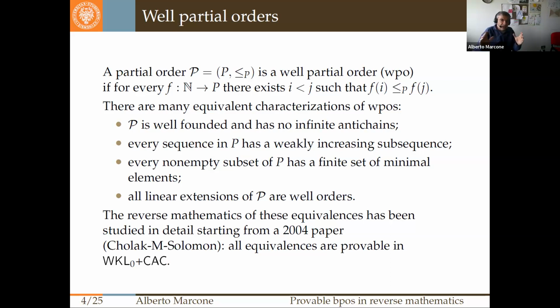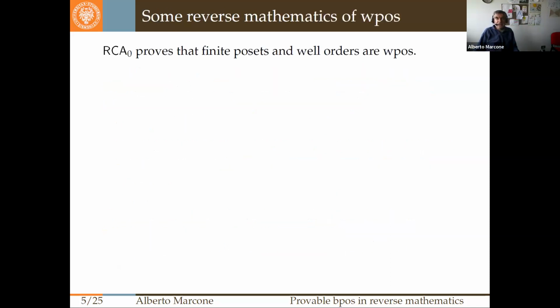Just let me say that as an upper bound, all the equivalences are provable in WKL_0 plus the chain antichain principle, CAC. So for some of them you need WKL_0, for some CAC, and there are different situations there, but I don't want to go into more detail. This is some reverse mathematics of WPOs, just to get you a little bit in the frame of mind that we are dealing with here.